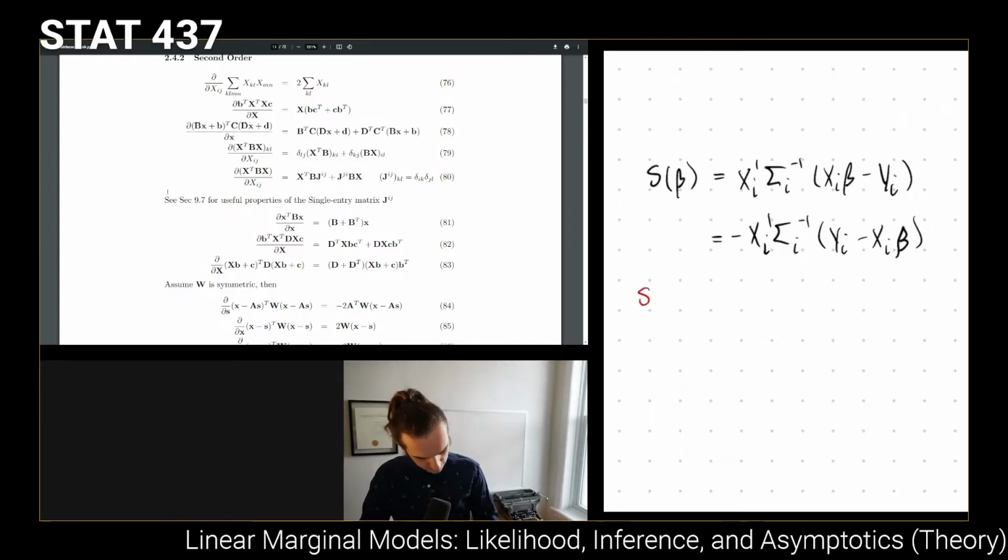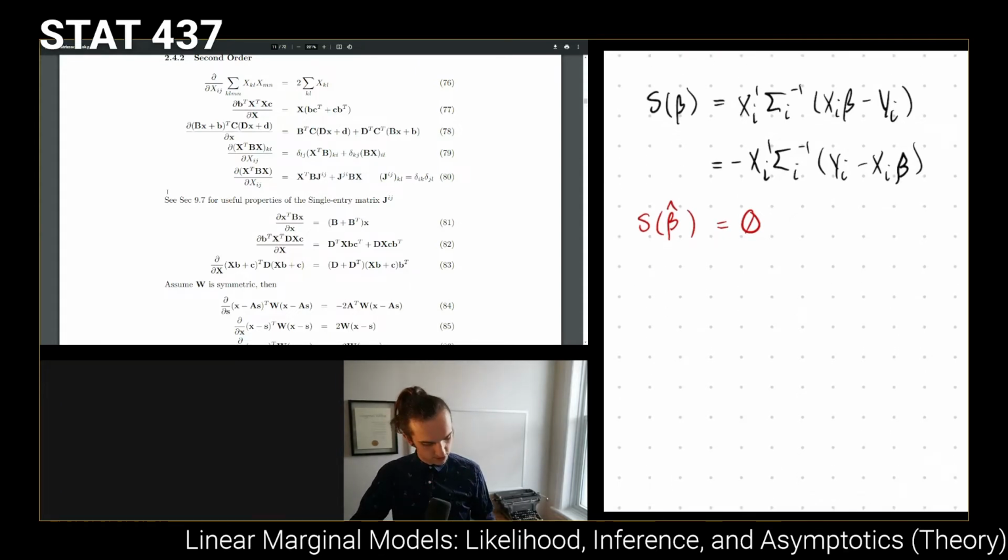So we would have S of beta hat, and we want to solve this equal to 0, sorry. If we plug beta hat into the expression above, we would have negative Xi transpose sigma i inverse (yi minus Xi beta hat) equal to 0.